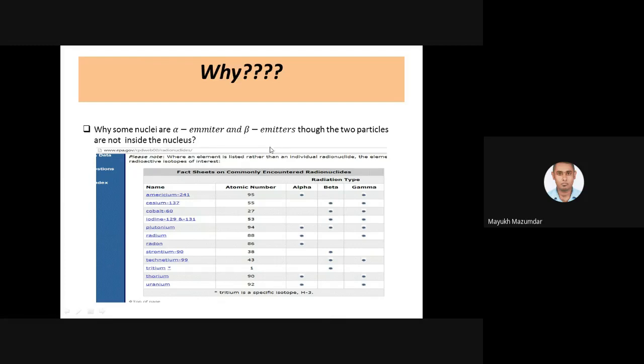Because we know inside the nucleus we have neither alpha nor beta particles, isn't it? Had this been emission of a nucleon, neutron or proton, that would have been a plausible thing. But how are these things happening?